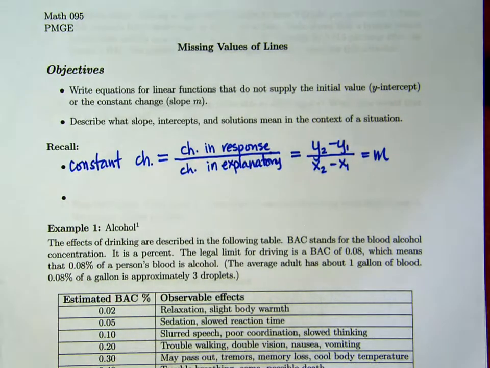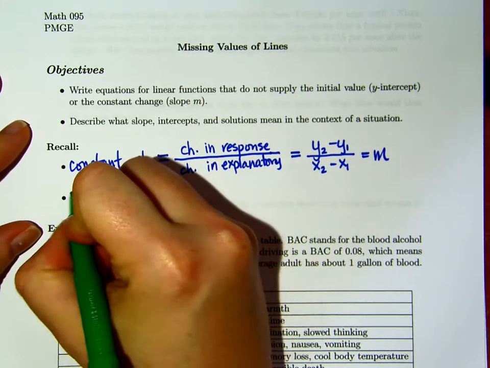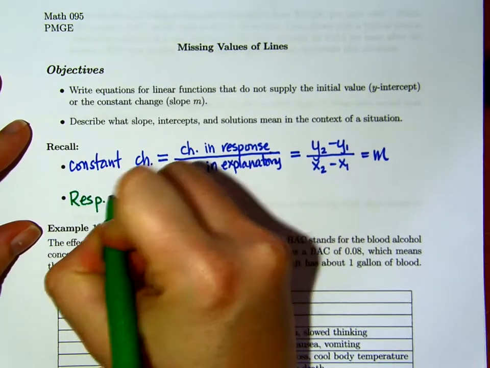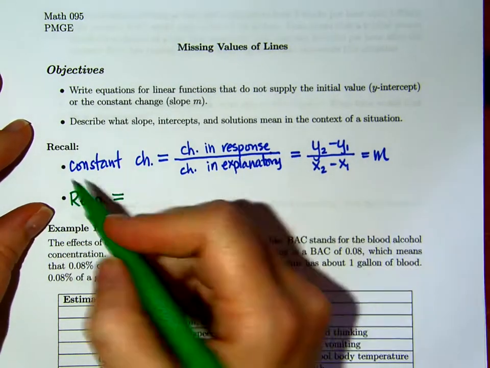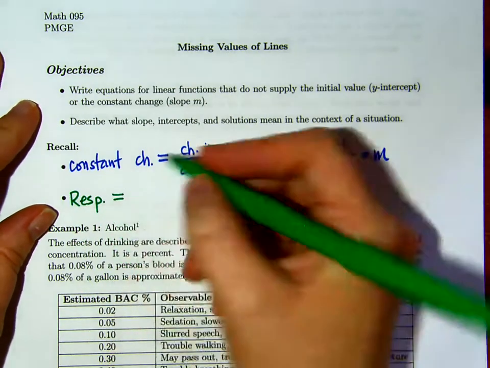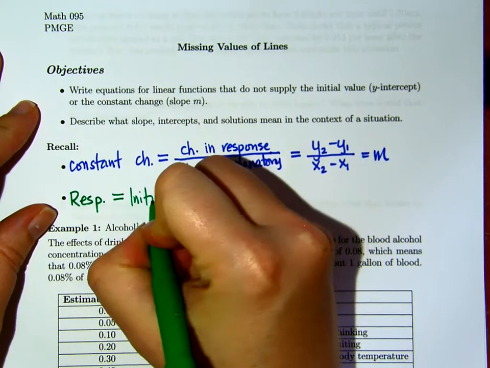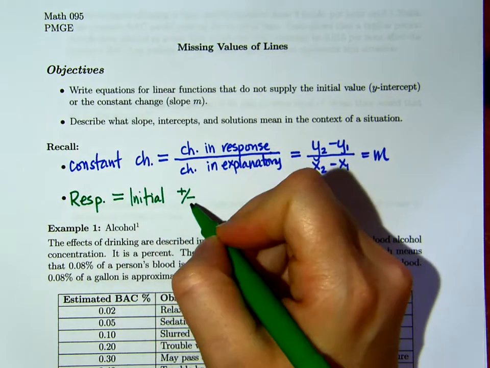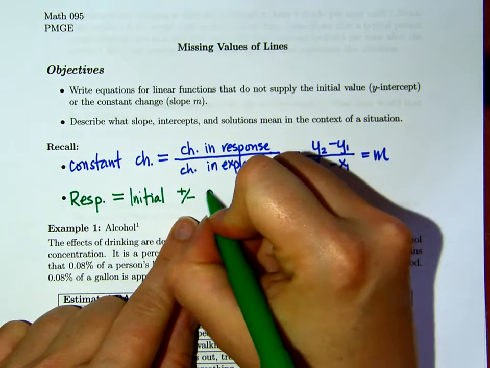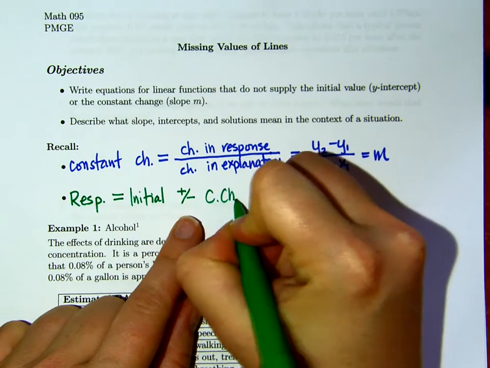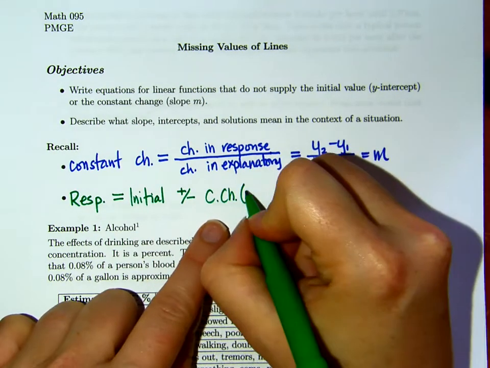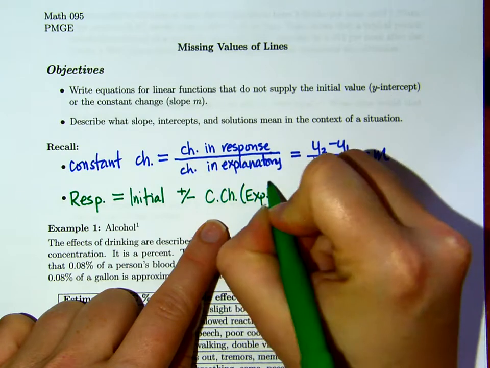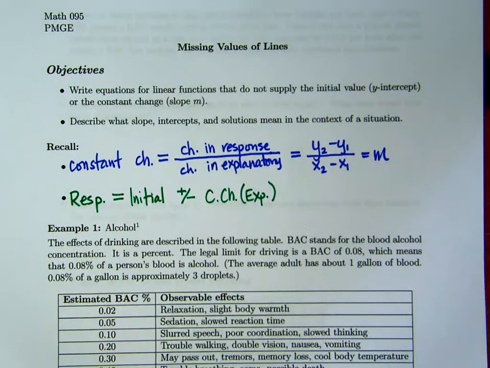And then also remember that the line equation is: the response variable, or the dependent variable, is equal to the initial amount and then increasing or decreasing at some constant change, however many times the explanatory variable says.